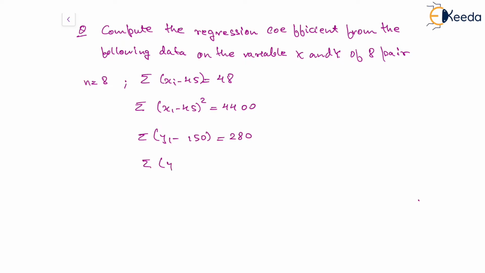Summation of yi minus 150 whole square equal to 167432, and summation of xi minus 45 product with yi minus 150 is equal to 21680. So we are provided with all this data and we need to find the regression coefficient from this.